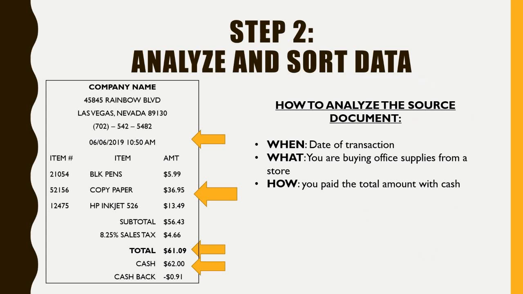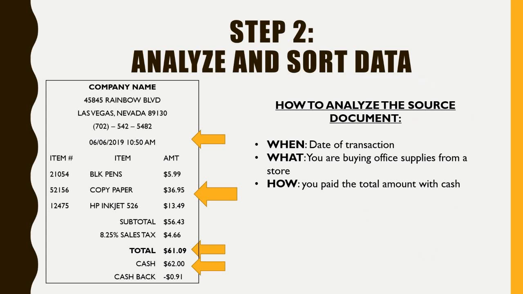And again, the how can be determined by how much your total amount is and how you paid for it. So in this case, I paid $61.09 and I paid it with cash. Okay? So now that I've determined those two factors, I'm going to sort my data.